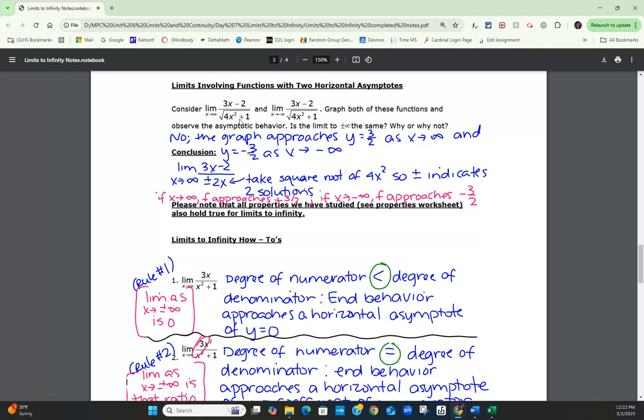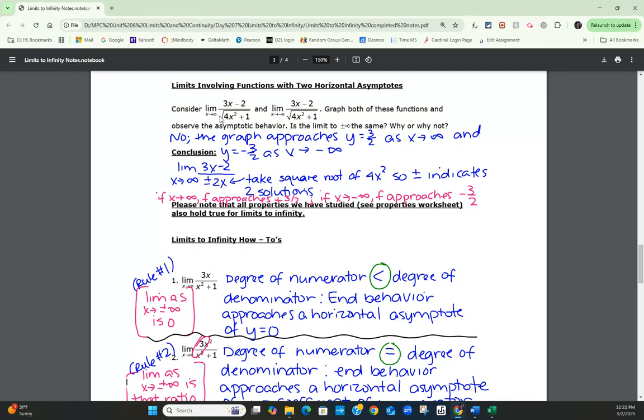So for that reason, we can just ignore it while we're finding the end behavior limit. We can simplify the square root of just the 4x squared to either plus 2x or minus 2x, because that's the only part of that denominator that's going to affect what's happening as the end behavior.